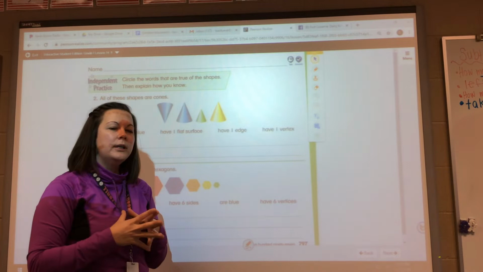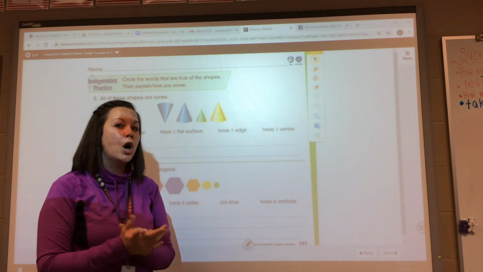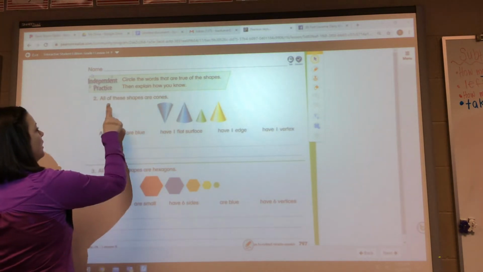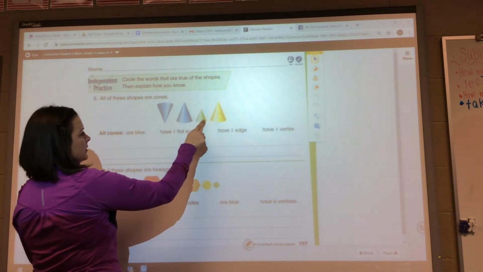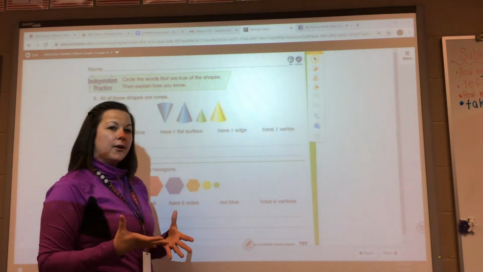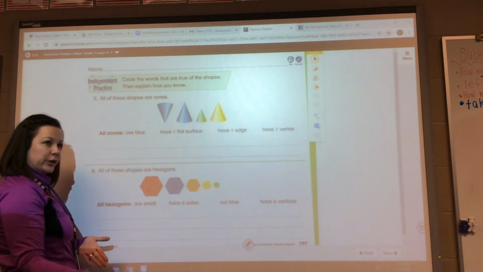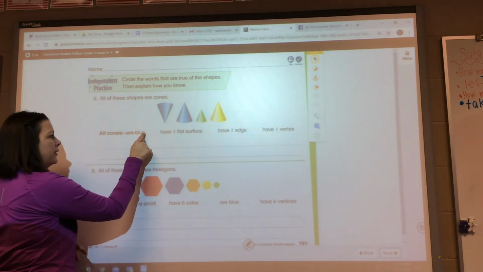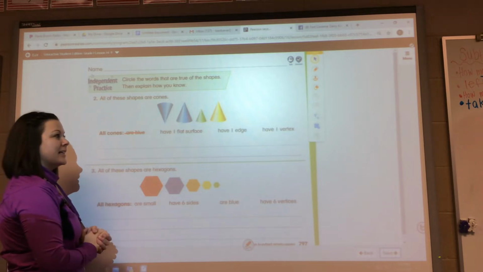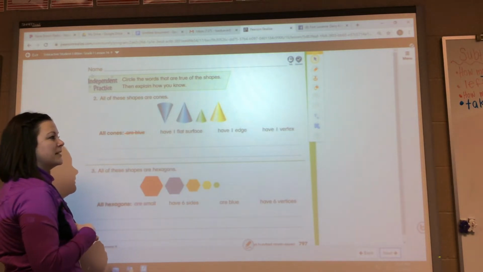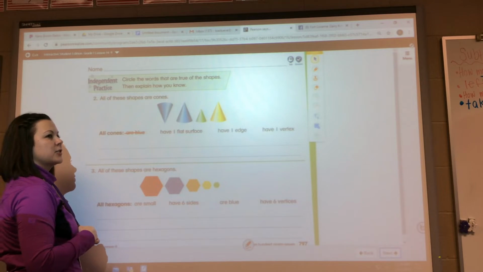Think about the things that we know about the 3D shape, a cone. All of these shapes are cones. And why are they all considered a cone? Is it because they are all blue? No. Is it that they are all cones because they have one flat surface?